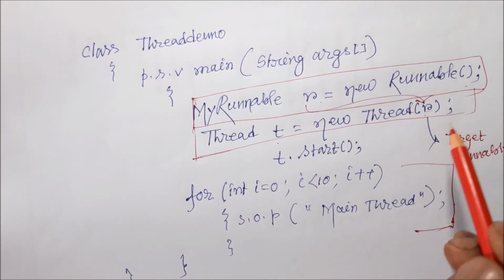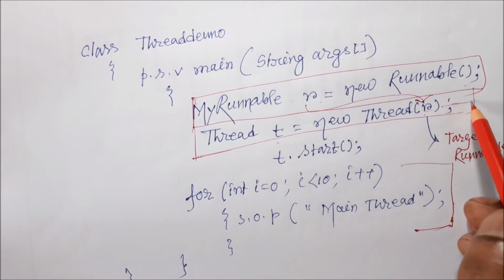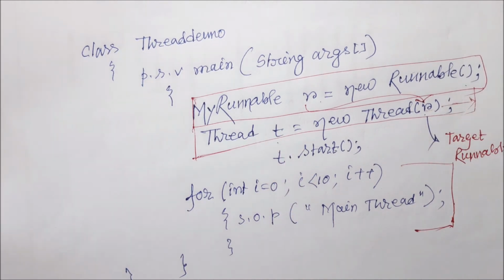Okay. So these two lines are very important. When we create the thread object, we have to pass the runnable interface. So there is a link between the thread class and the runnable interface, and you have to always remember that the thread class already implements the runnable interface.